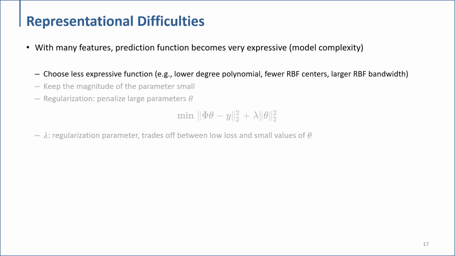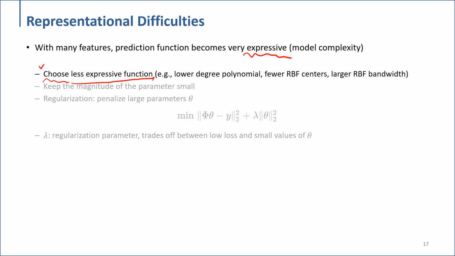And the second way to avoid this overfitting problem is to choose a less expressive function. As the overfitting problem results from having a model that is too expressive and too representative, the way to avoid it is just choosing a less representative function.